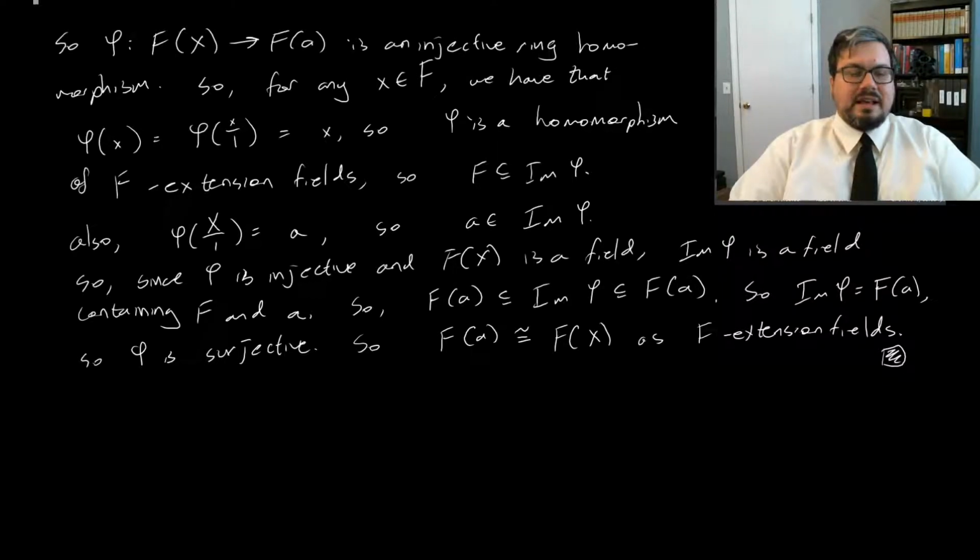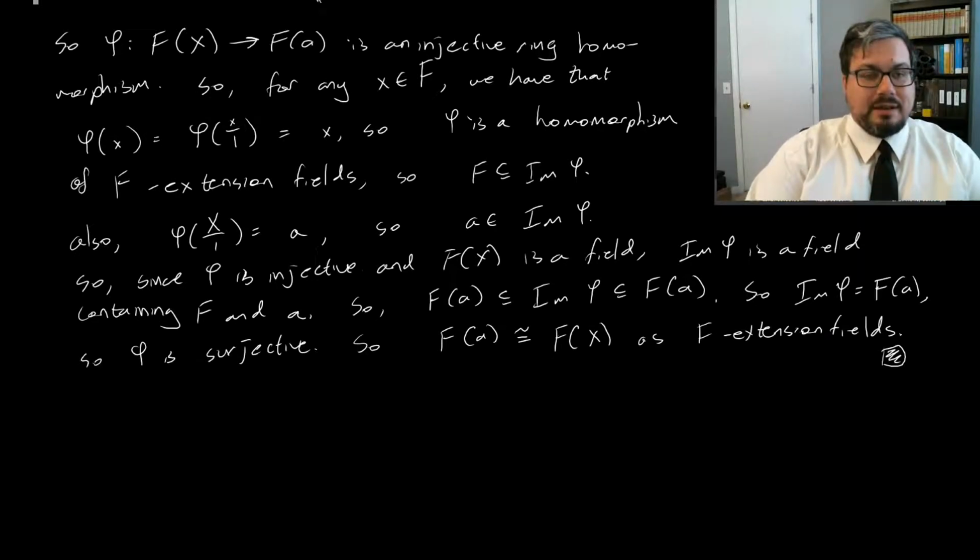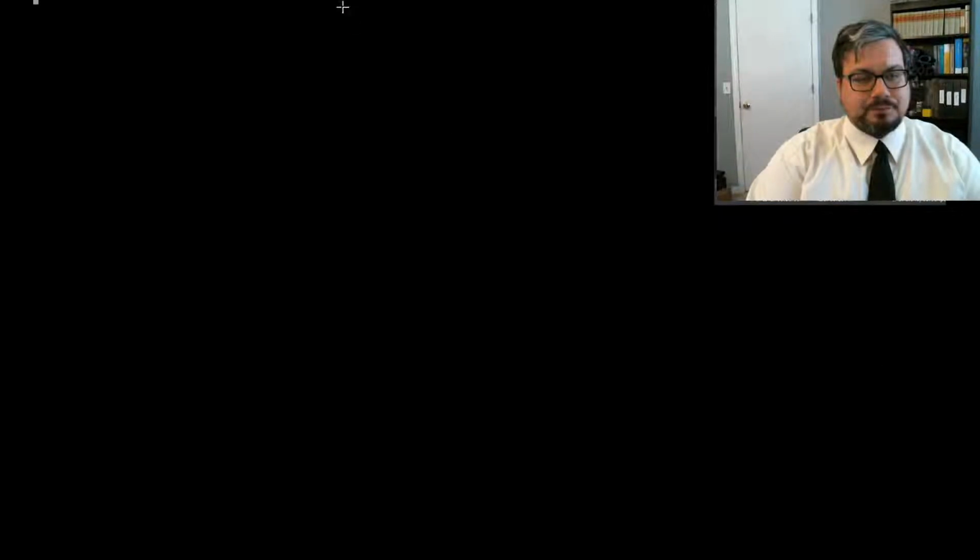So this means that we can find the smallest extension field containing an algebraic or a transcendental element and describe it in terms of the base field itself.